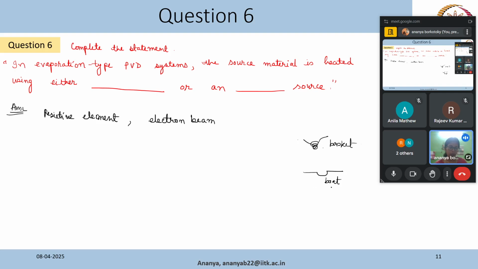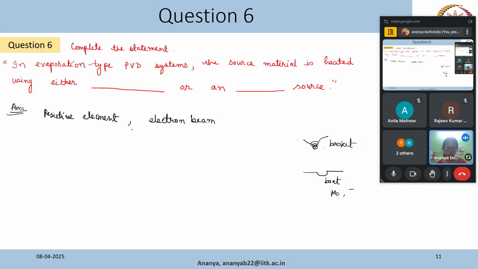We can have a boat of molybdenum, tungsten also. These materials have a very high melting point, I think around 3500 degrees Celsius, or Fahrenheit, I don't remember. You can check what the melting point is for molybdenum and tungsten.